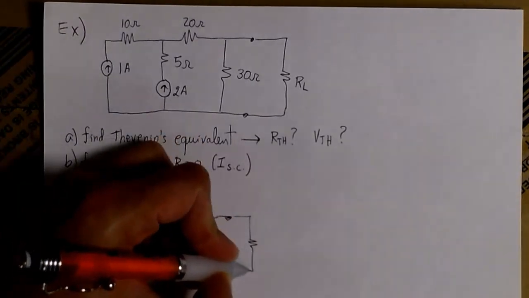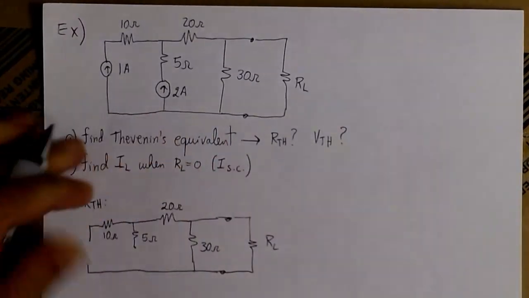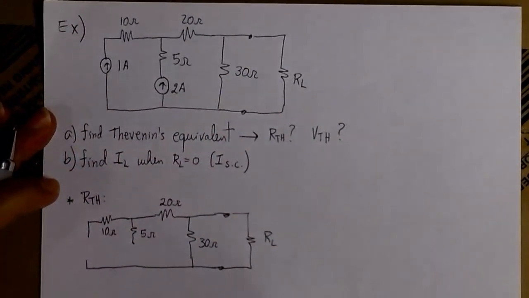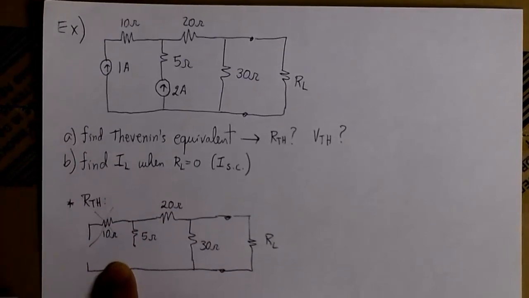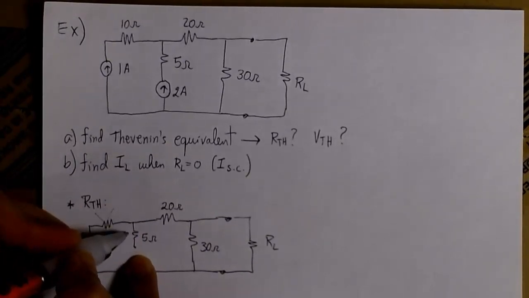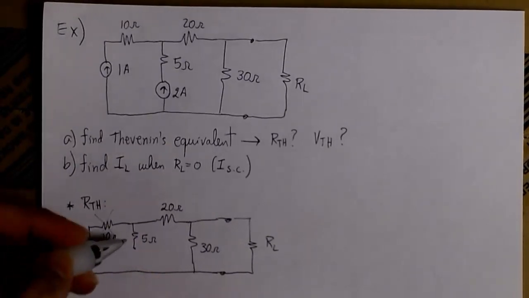Now the next step is we have to find the equivalent resistance connected between the 2 points of the load. The first thing to notice here is the 10 ohm resistor is basically disconnected from the circuit, so we can just remove it.